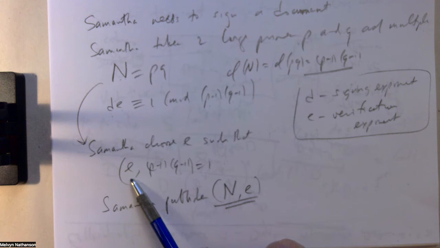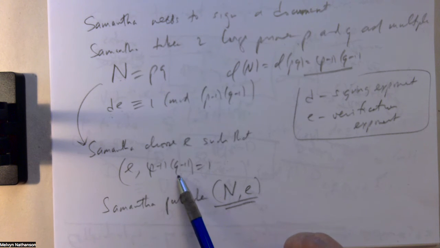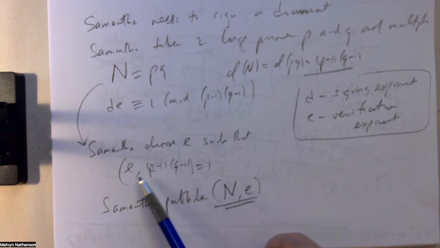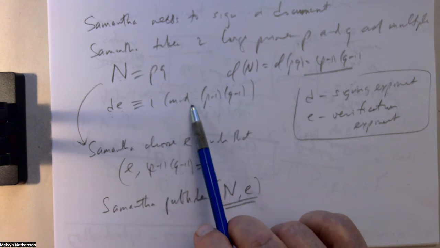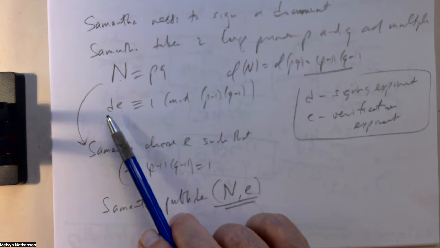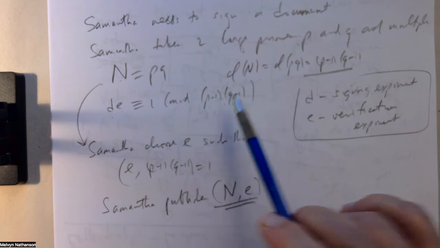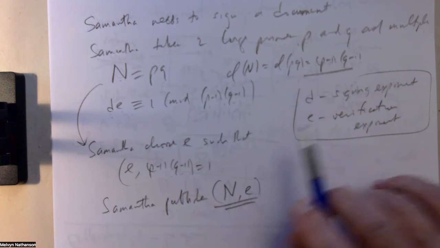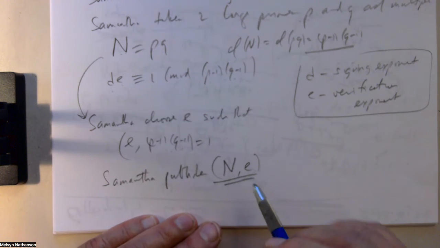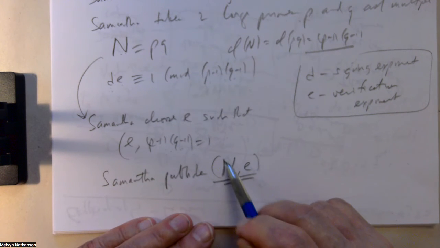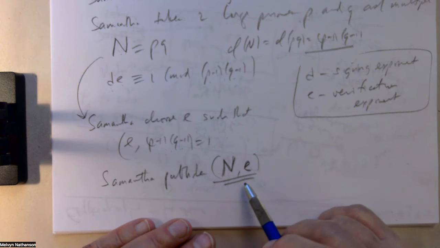And she can choose a number E, which is relatively prime to that product. And because E is relatively prime to this, you can solve this linear congruence. You can find the d such that de is congruent to 1 mod P minus 1, Q minus 1. And what Samantha publishes to the world is this pair, capital N and E.